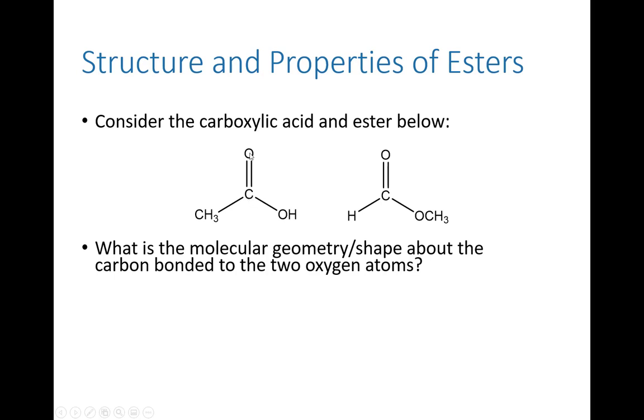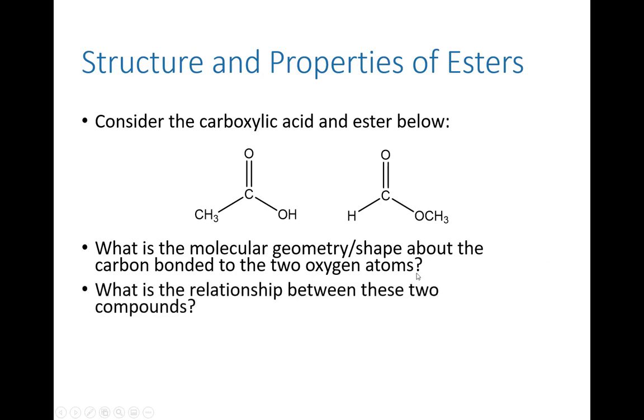It's bonded to 1, 2, 3 different atoms. That's the same for both of these. And it has no lone pairs. Carbon makes 4 bonds. So bonded to 3 atoms, no lone pairs. We call that the trigonal planar geometry or shape, bonded around there. And the bond angles, recall, for all of these should be close to 120 degrees.